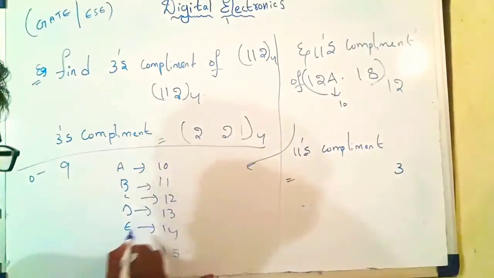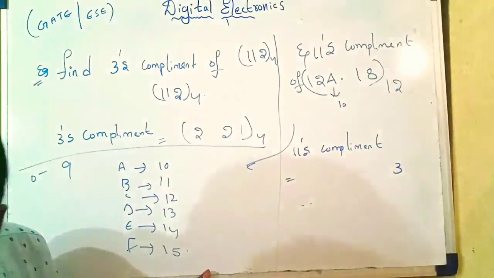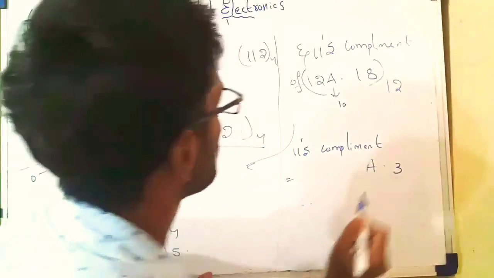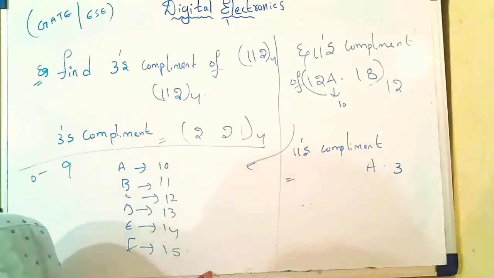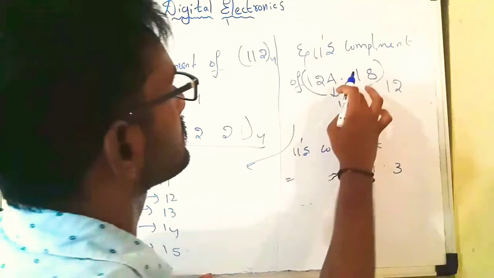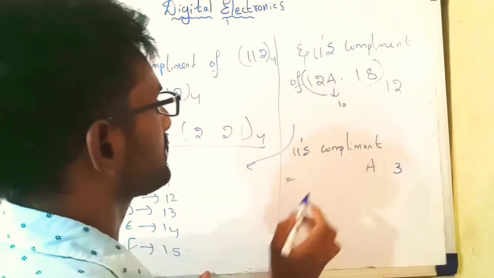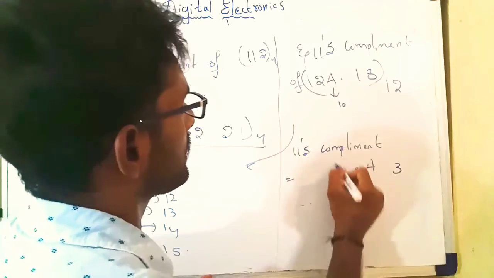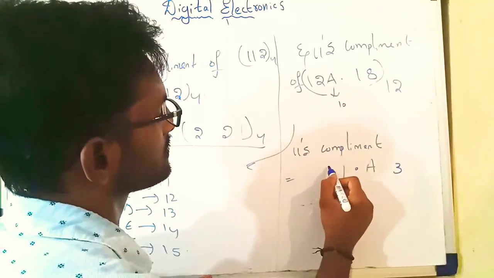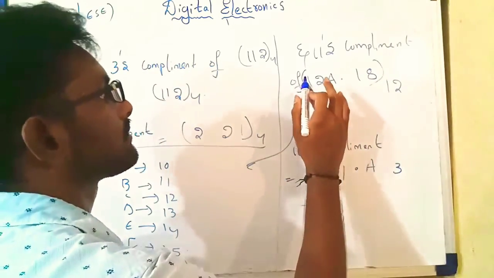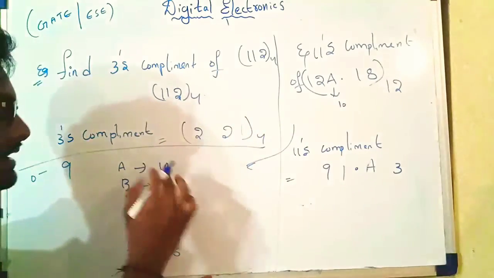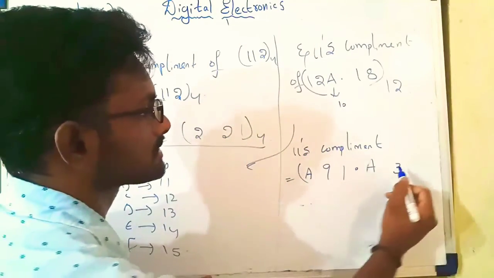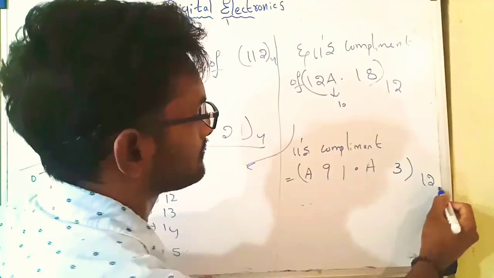If 10, the value is A. And next, this A value is nothing but 10. 11 minus 10 is 1. 11 minus 2 is 9. 11 minus 1 is 10. 10 is nothing but A. This is the 11's complement.